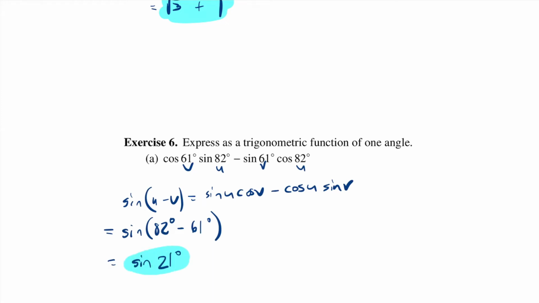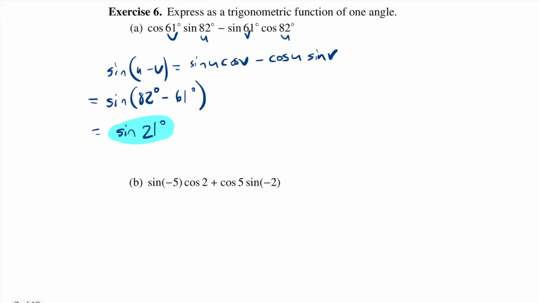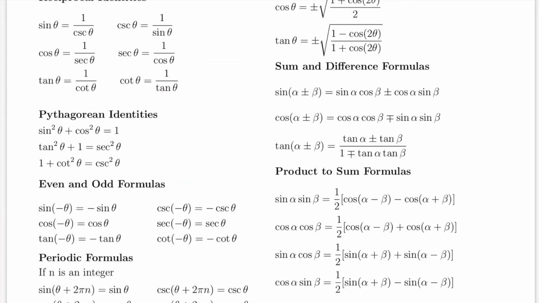All right, the next one, this one's a little bit trickier. Notice that you have negative angles. Well, recall that sine is an odd function, and cosine is an even function. So we can apply that here. Sine is odd, so this becomes negative sine of positive 5.